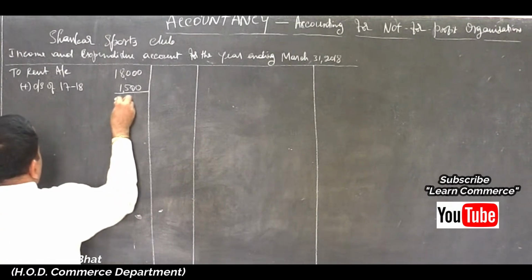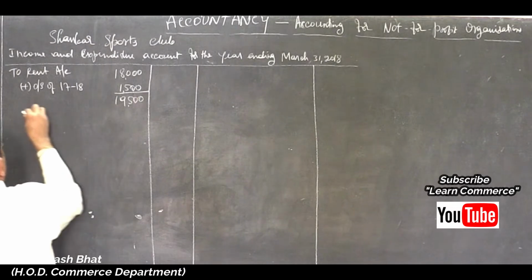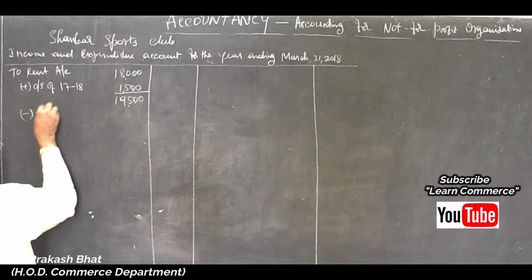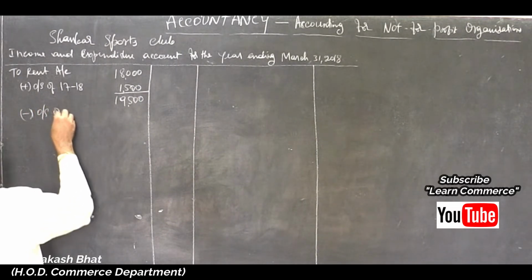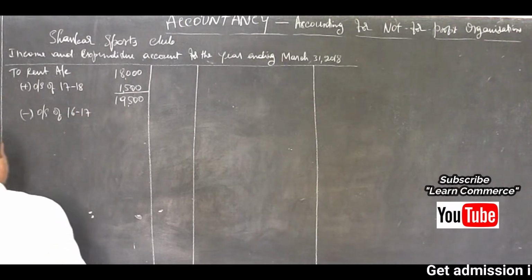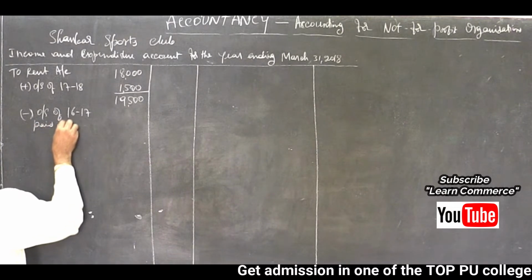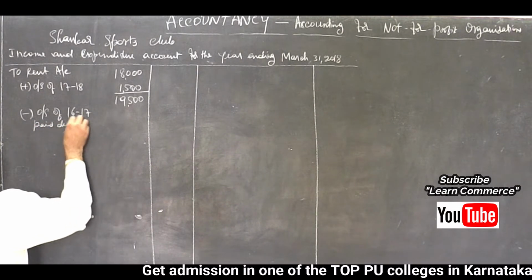So it will be 19,500 minus outstanding of 16-17 paid during 17-18.